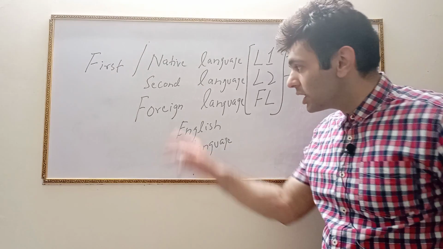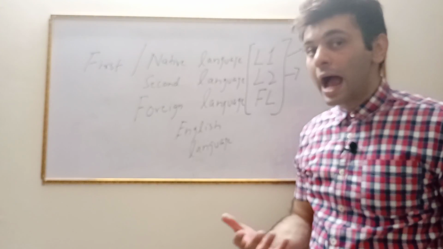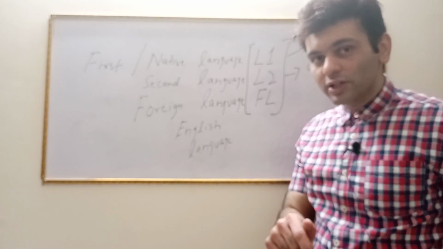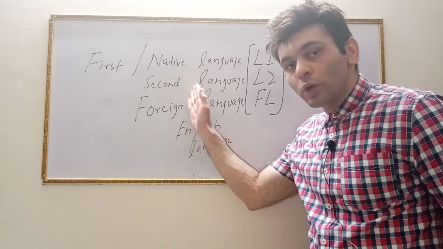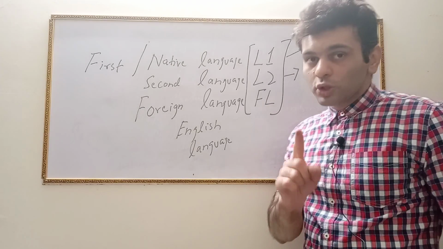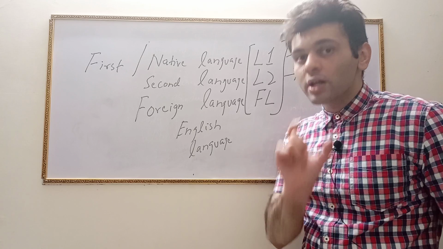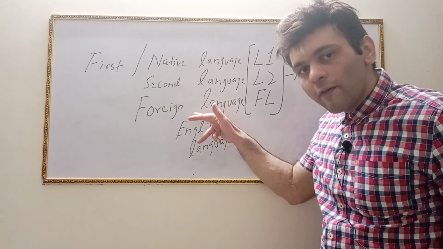If you compare it with the logic of second language, the Urdu language is widely spoken and understood. And that is the reason why we consider the Urdu language as a second language and the English language as a foreign language. So this is the confusion that one needs to avoid while referring to these two, second and foreign language.